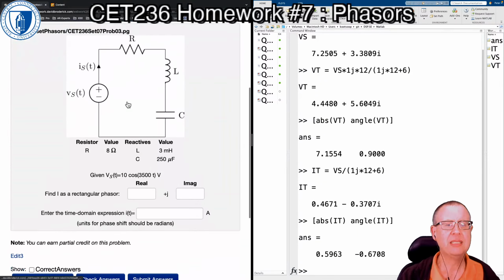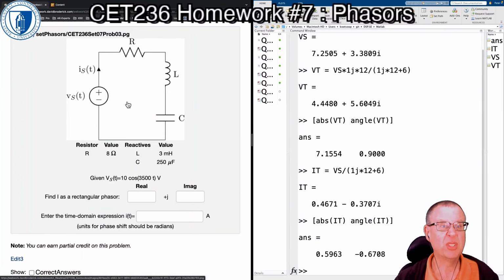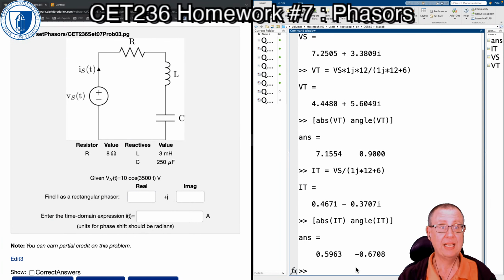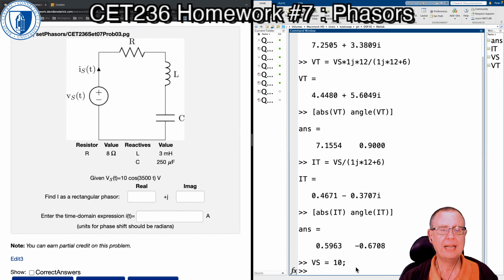Problem 3, what are we after? We want the current as a rectangular phasor. So our Vs this time is 10, and it's just 10 because there's no angle. Our omega is 3500.